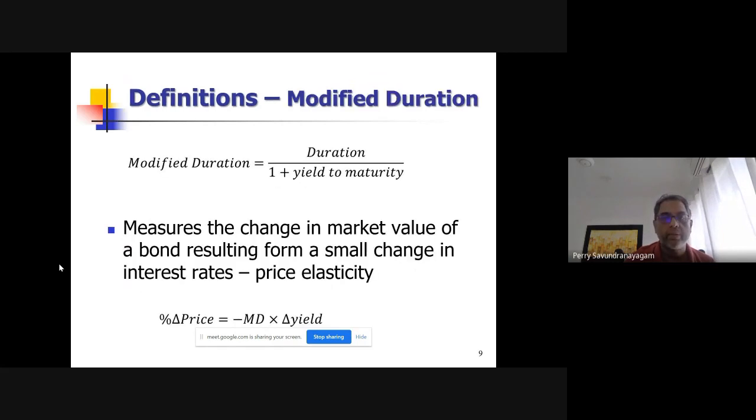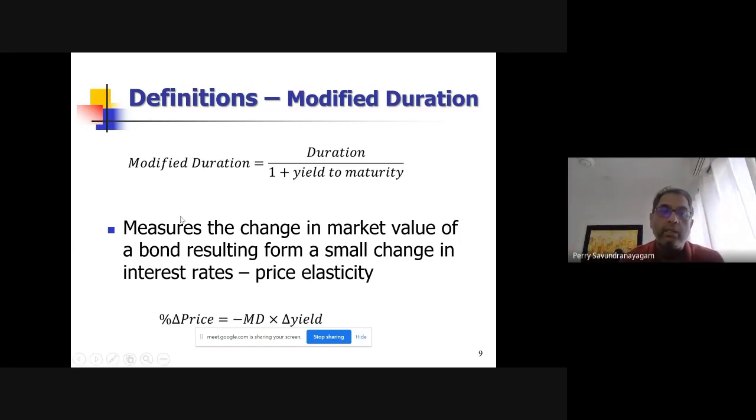The second aspect of duration, like I said, is to analyze, based on the particular duration of the bond, what is the impact of a change in price or yield on that particular instrument? What will that do to the price of the bond? So in other words, if the yield moves up 1% or 1 basis point, what will that do to the price of the bond?